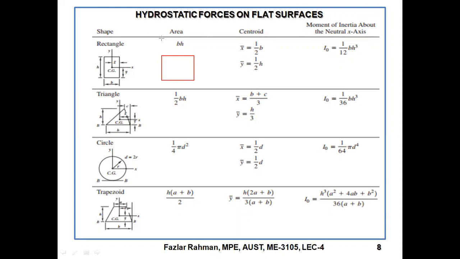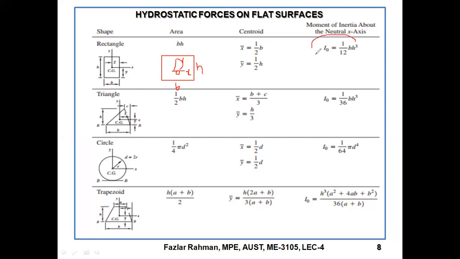So if this is h and this is b, along this direction we are thinking x, and the vertical direction is y. In that case, x bar equals half b, right over here, right? If you think at the corner, x bar will be half b, then y bar equals half h. It's showing right over here that this is the CG. What will be the CG location? Y, and this will be the x.